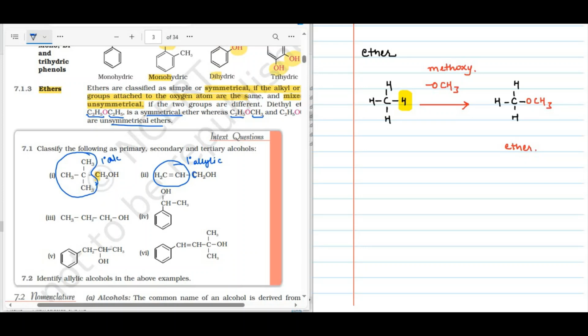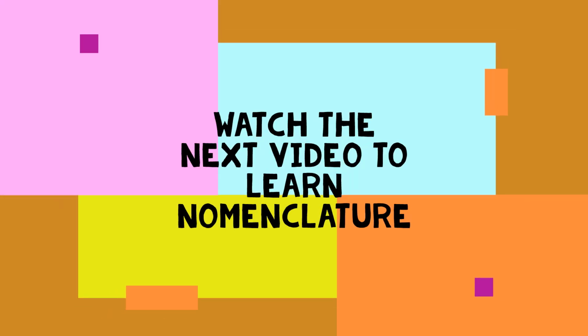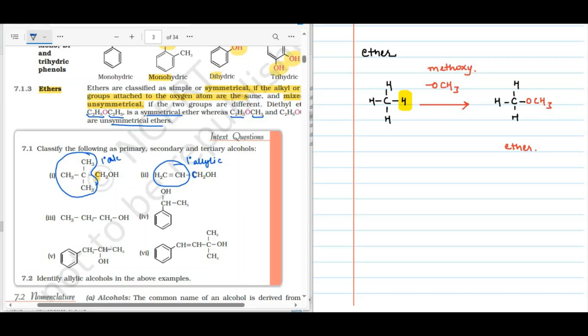So the alcohol will be primary allylic alcohol. In the third question, the carbon to which OH is bonded is bonded to just one alkyl group. So again, this carbon is the primary carbon and the alcohol will be primary alcohol.